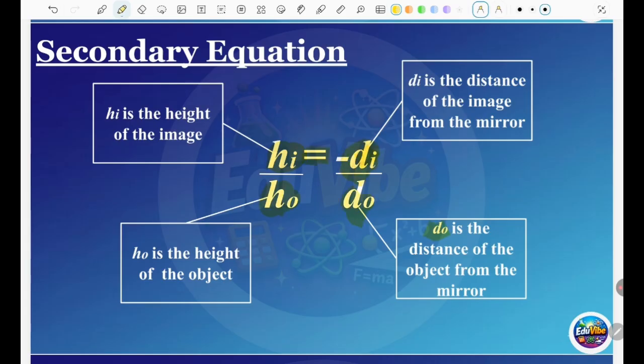The di and do stay the same: the distance of the object and the distance of the image from the mirror. hi is the height of the image, ho is the height of the object. This is also in your formula sheet. So if you have di and do, you can find hi with ho. That's all we're going to do with the heights of the image or object.